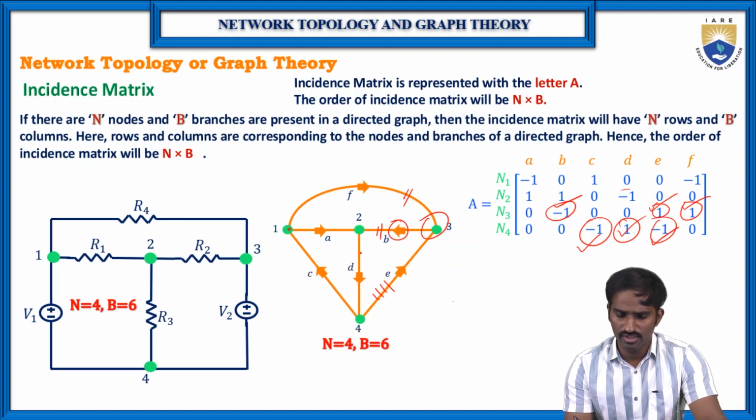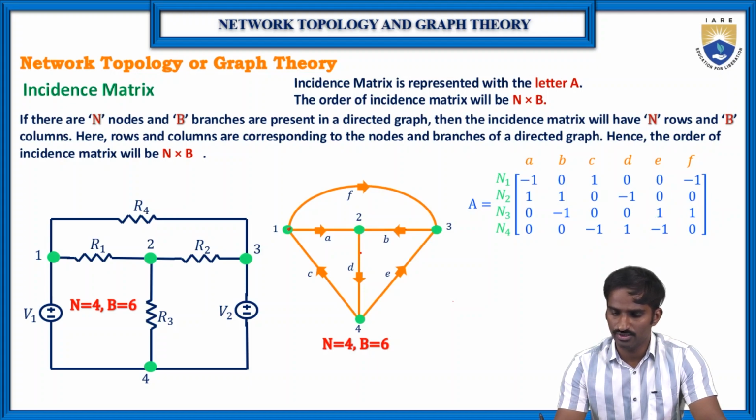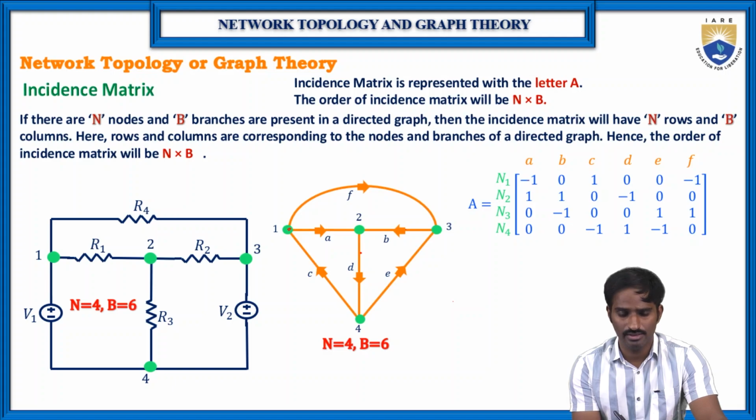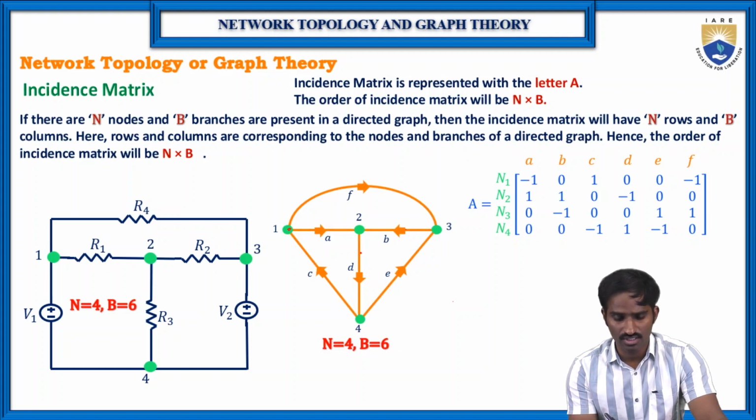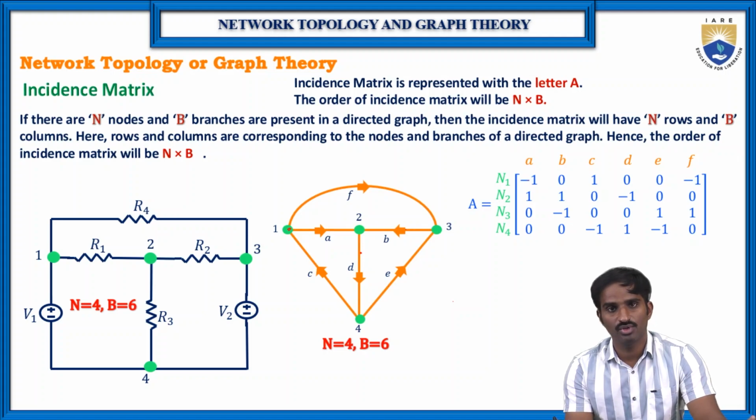So here very simple. First we need to convert the given electrical circuit into the graph, and we have to indicate the directions of the branches in that graph according to the loop directions in the network. Then after that, as we know, simply this is N cross B. So here the number of nodes represents the number of rows, and number of branches represents the number of columns.